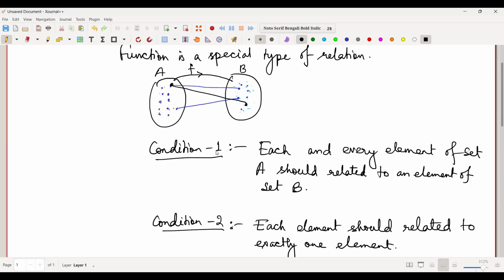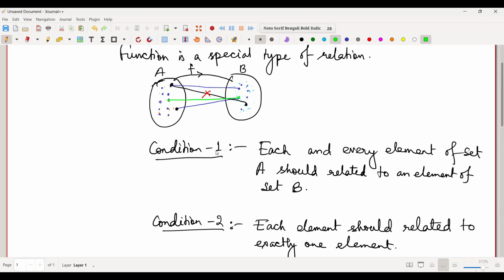So in these two conditions, I have never said that two different elements from set A cannot map to the same element. Suppose this element cannot map to different elements. This cannot happen, but this can happen: this element is mapped to this element, and also this element is mapped to this element, or more than two.